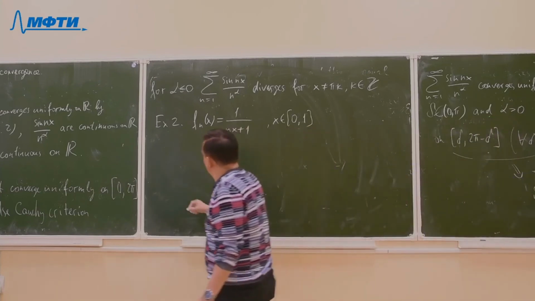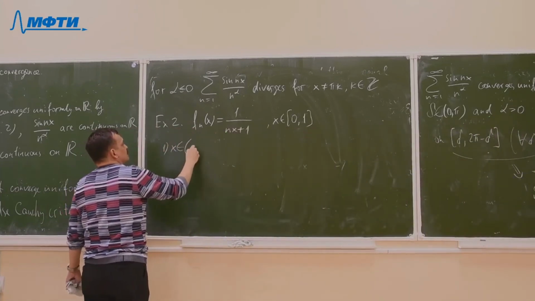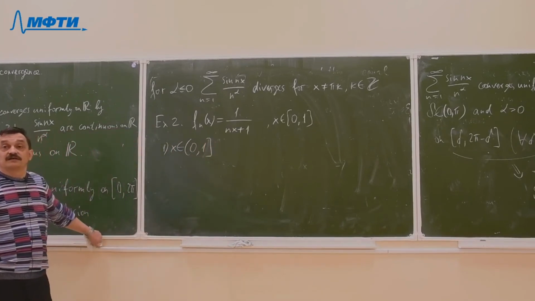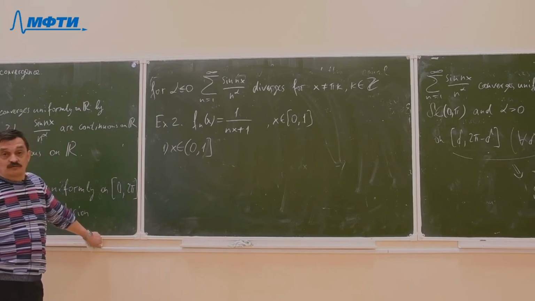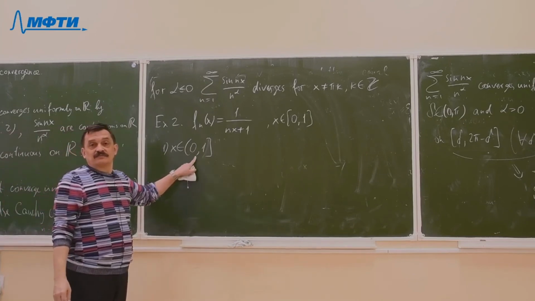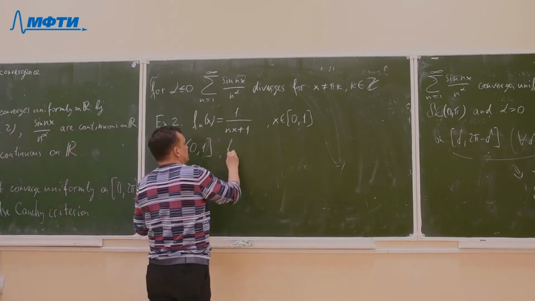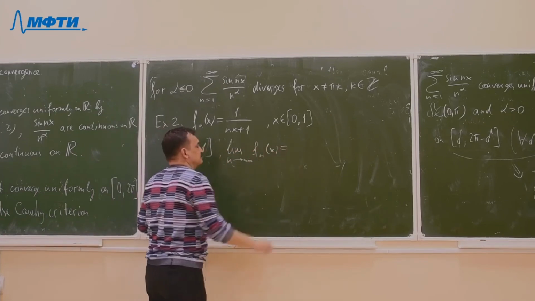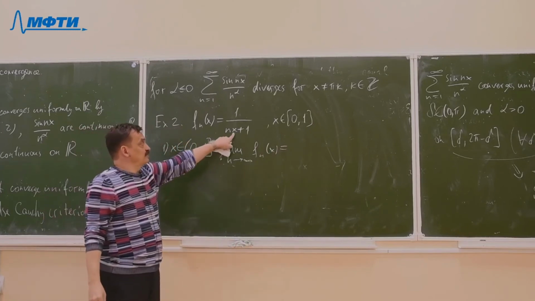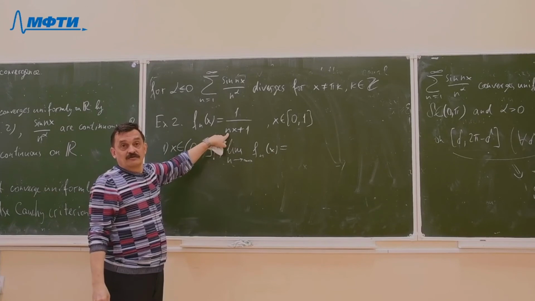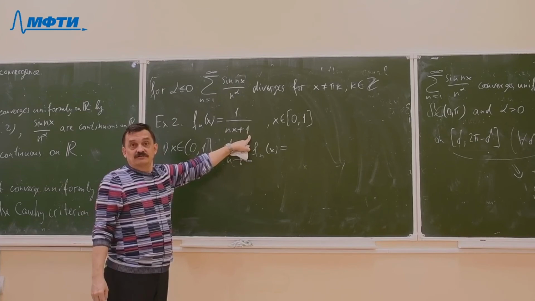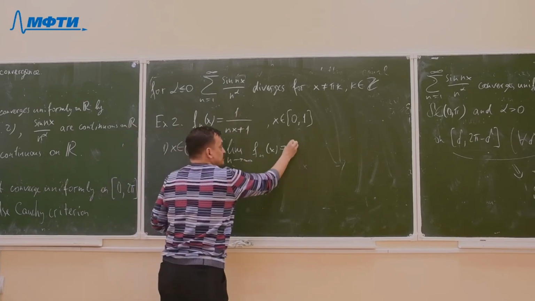So, first case, x in such an interval which is open from one side, right? If x is not 0, then what can we say about the limit as n tends to infinity? You see, x is not 0, n goes to infinity, so nx plus 1 tends to infinity, and the result is 0, right?